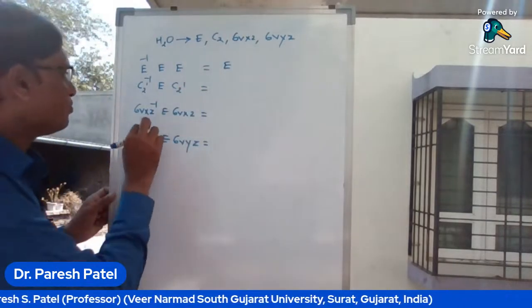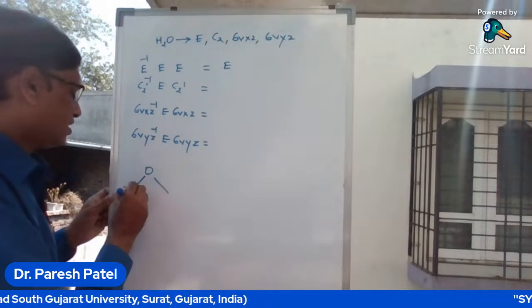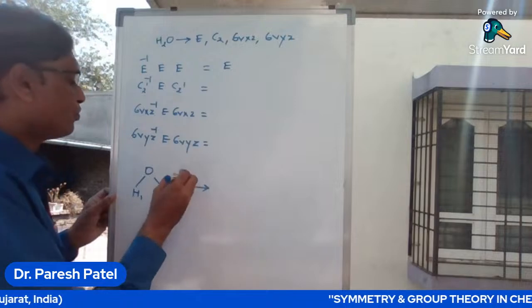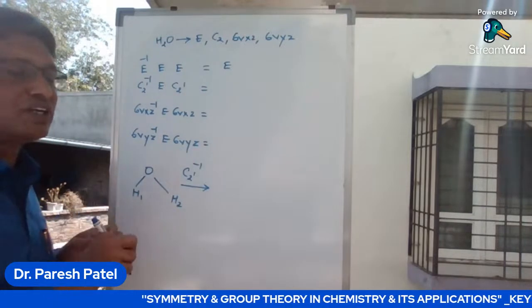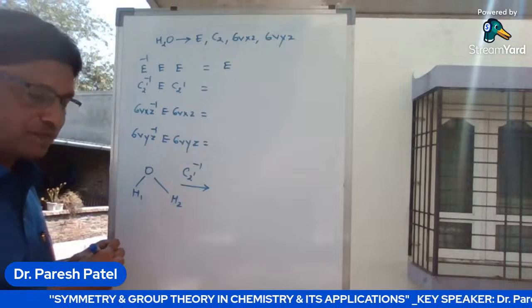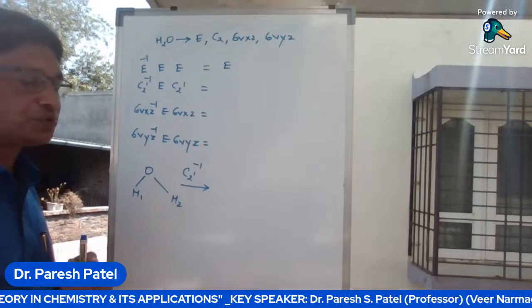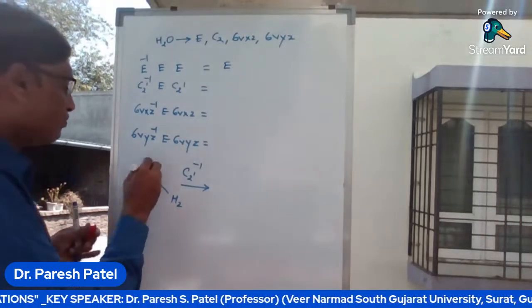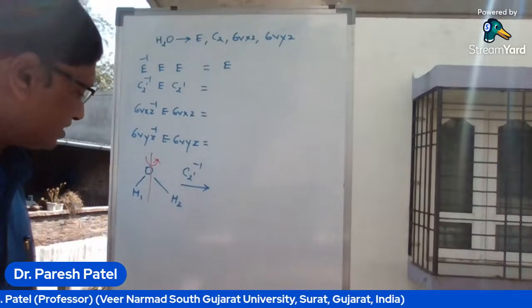So E inverse E into E is equal to E. Okay, now in case of the second one, C2 inverse. This is water molecule. If you go for the C2 inverse or C2, both are the same. Now C2 means one time clockwise rotation by 180 along the main principal axis.